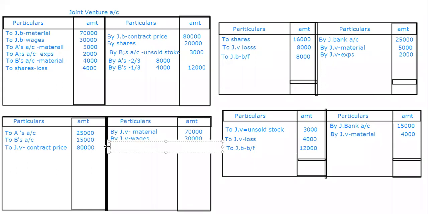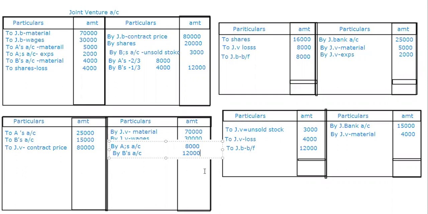So once we have completed by A's account, we paid him how much? 8,000 as a balance. Then by B's account, the balance we paid him 12,000.